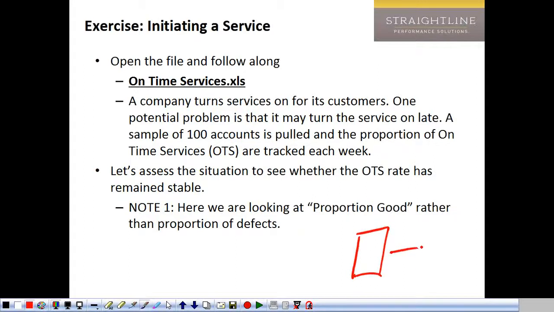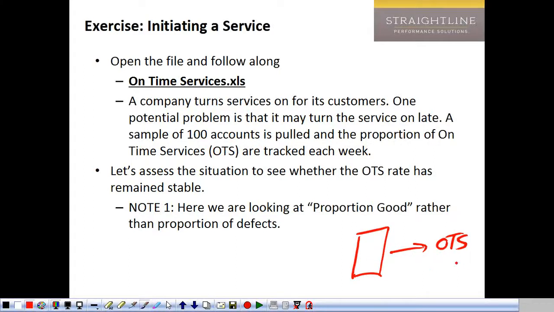And here we're looking at OTS, on-time service, and each individual one is a yes or no. So that would be binary or categorical. But what they're doing is they're pulling 100 of these things, and looking at the percentage of these coin flips, essentially, these yes or no's, that we actually got on time.